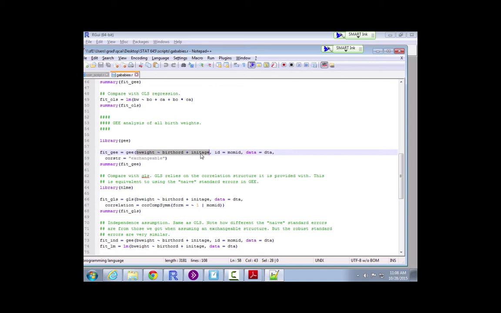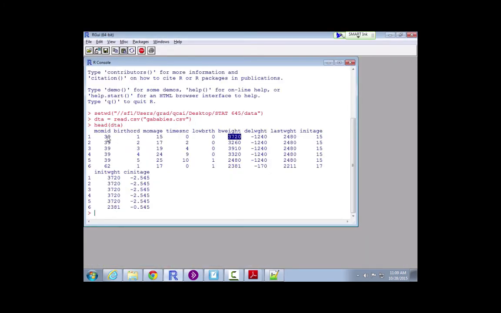The other piece of the puzzle is where the correlation is and what the structure of the correlation is. For GEE, there's an argument called ID, and that needs to be a variable that takes the same value for all rows that correspond to the same individual. In our case, that's mom ID. So I'm going to pass mom ID as, quote, ID, and GEE will now know those 5 rows came from the same mom, and the next 5 rows came from a different mom, and so on.